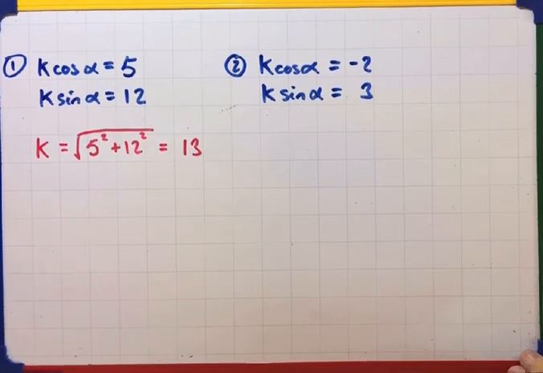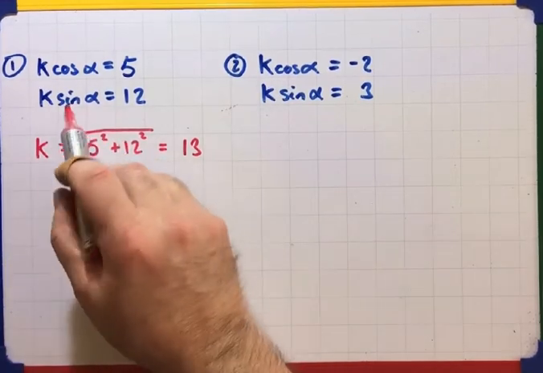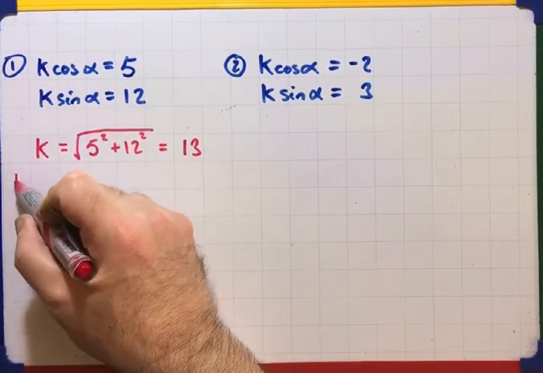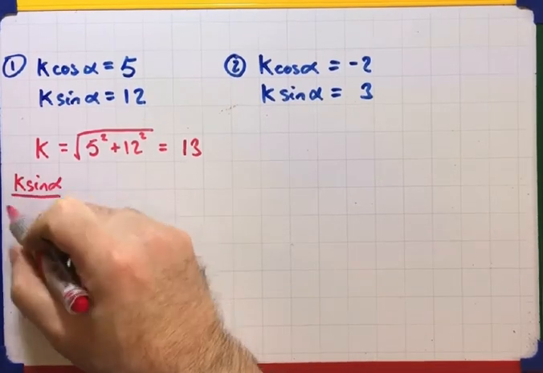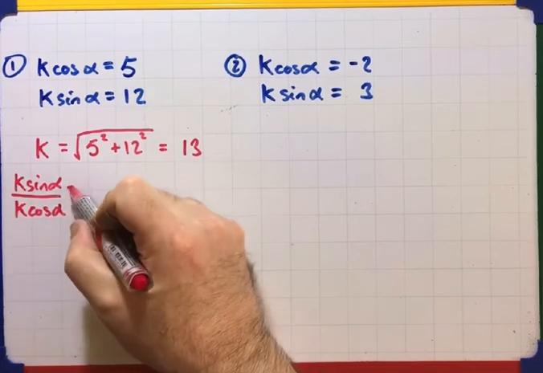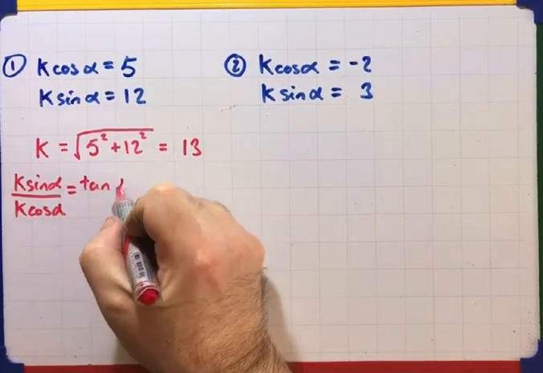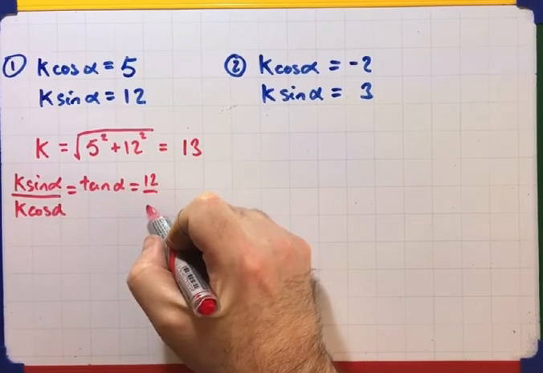So the next step is we do k sine alpha over k cos alpha. Remember, that gives us tan alpha, and that's equal to 12 over 5.